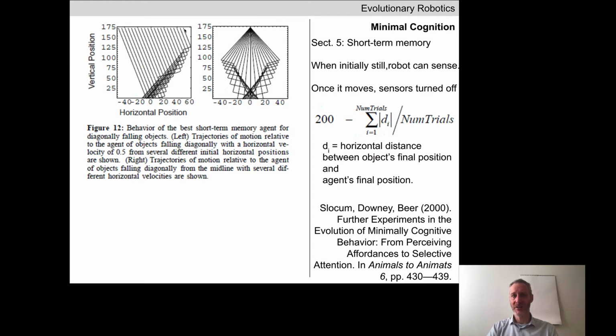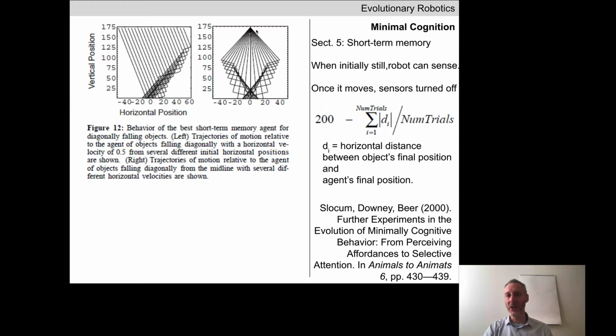This object starts above and to the right of the robot, and the object starts falling even further to the right. The robot does nothing for, again, about 50 time steps, and then it starts moving, but it no longer moves at a constant rate in a constant direction. It's jinking back and forth, and again gets more or less underneath the object when it gets there.